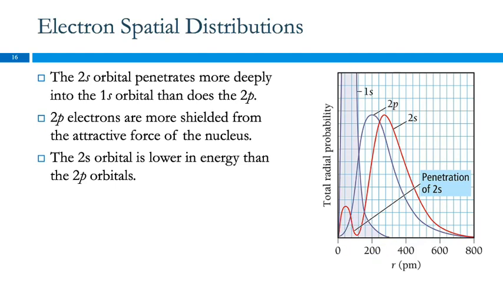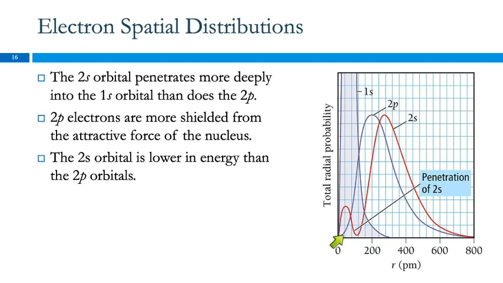Okay. The 2s orbital is also a spherical orbital. It's larger in size, and so the most probable distance is out here at almost about 300 picometers.